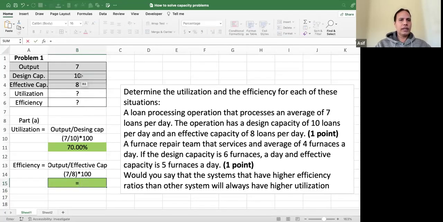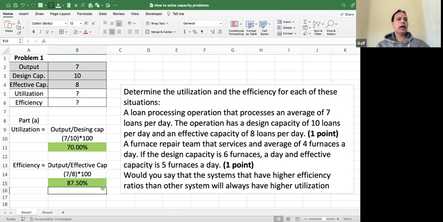We will just go 7 divided by effective capacity, and that's it. If you manually multiply by 100 and then click on this one, that will be a duplication, and that will give you an erroneous result. So again, please make sure that when you are calculating efficiency, you are just dividing these numbers, output divided by design capacity or effective capacity, and then click on this one, and that's okay.